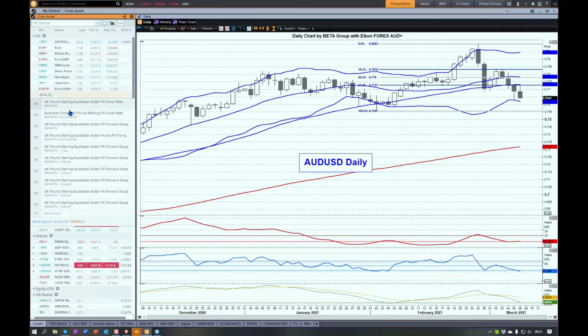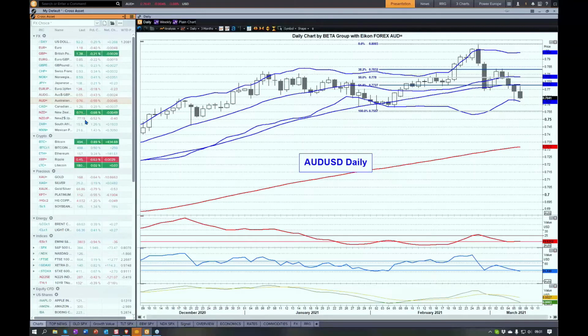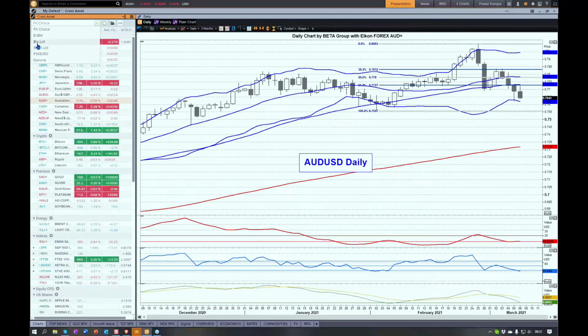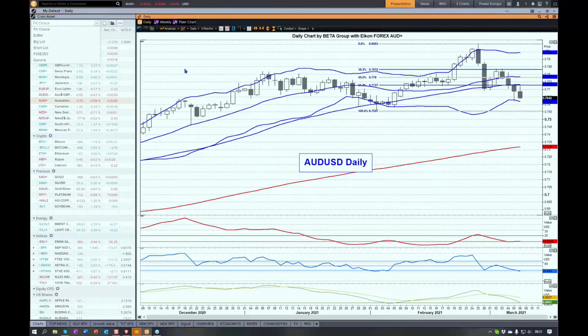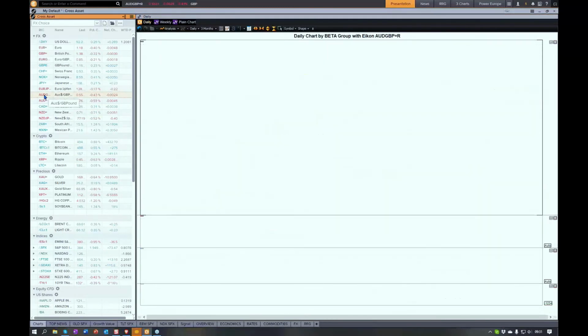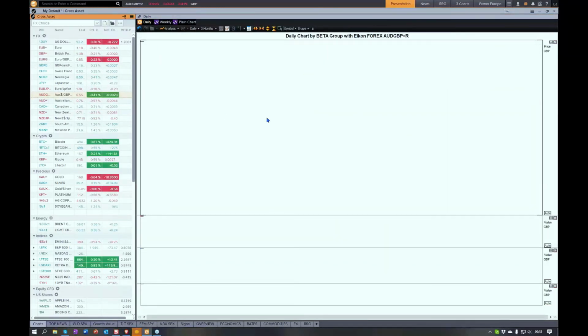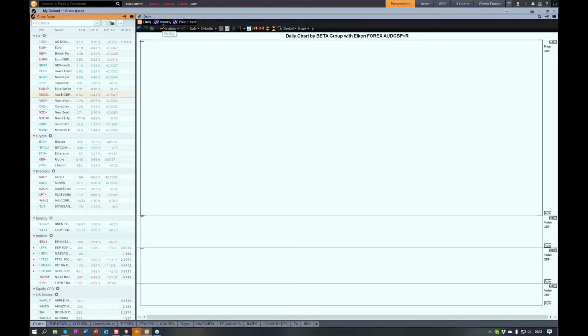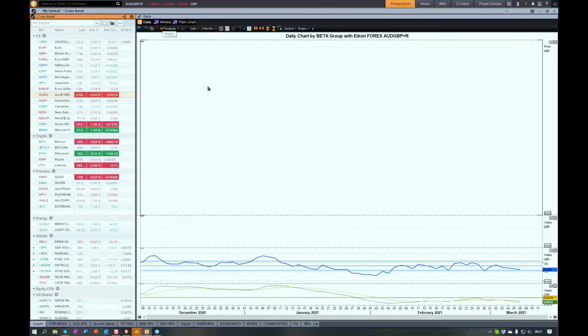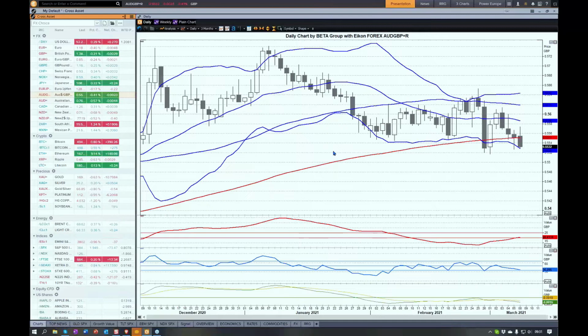Oh, I see. Here we've got Australian dollar USD. So we wanted GBP Aussie dollar. Okay, here it is. Sorry, I made it, it just hadn't come up on the chart. Just bear with me a second while it loads the data.